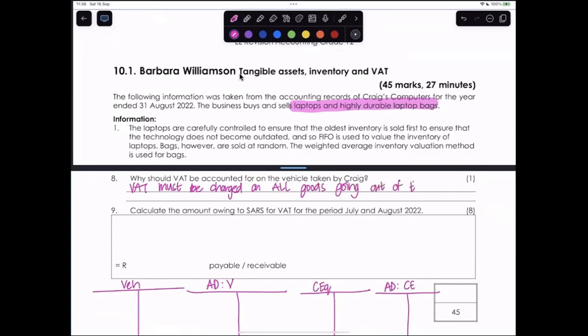And the reason that this would be necessary is because it can be assumed that VAT would have been claimed when it was bought.